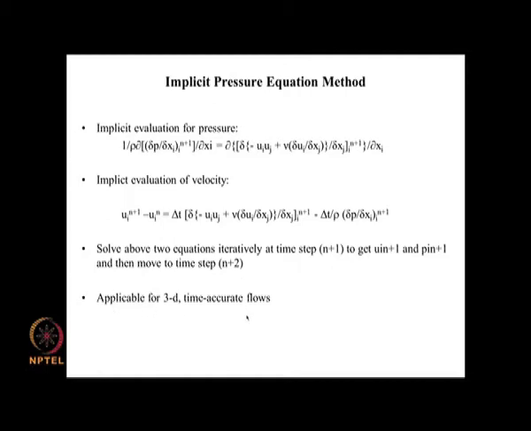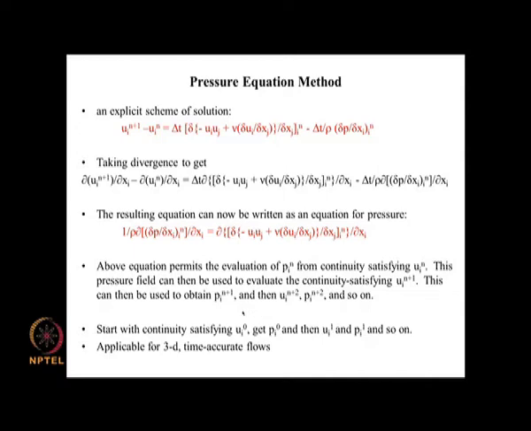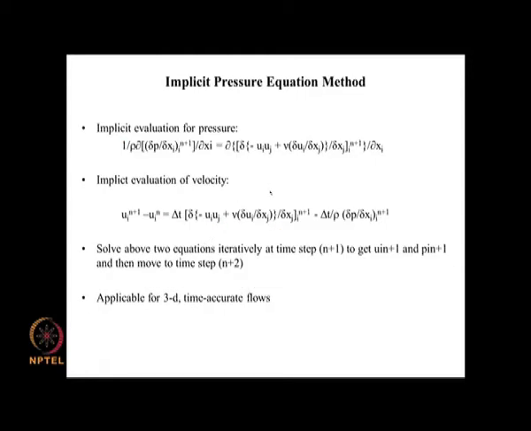This method is also applicable for 3D time accurate flows, just as the explicit method is, whereas in the explicit method we are forced to choose very small delta t's so that we do not get into instability problems. In the case of implicit methods, we can drive this to steady state and get a steady state solution. If we are not interested in a time accurate solution, we can take large time steps and then get to the steady state solution. So that is one advantage of this.